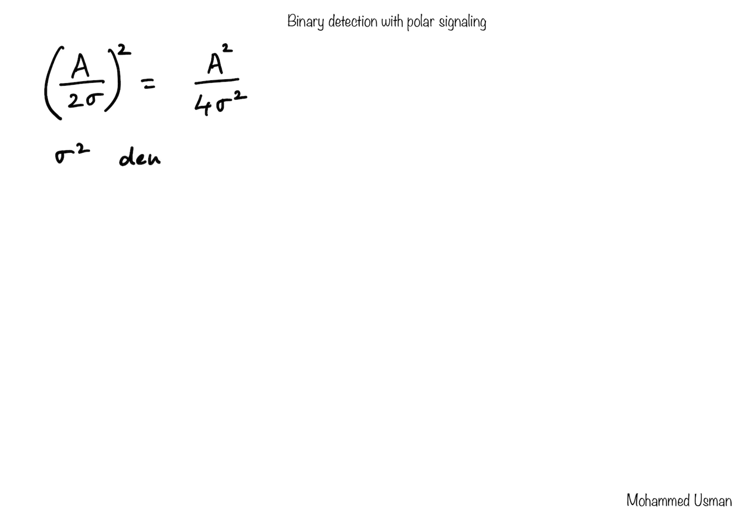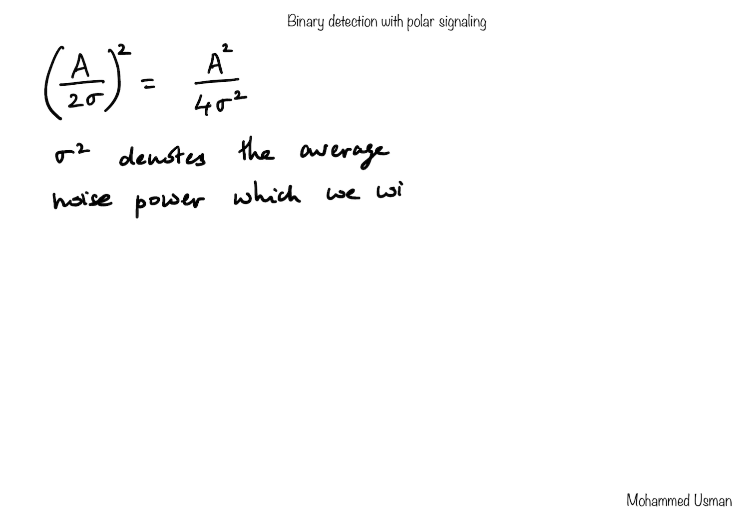denotes the average noise power, which we will represent as NR.